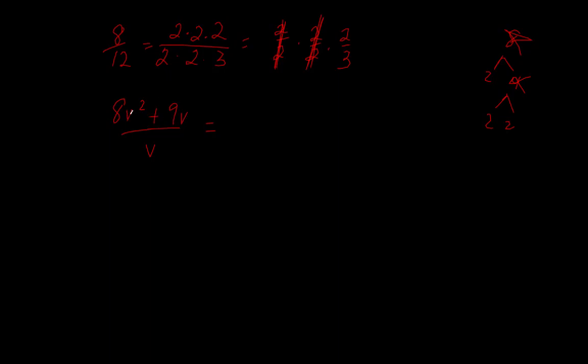But we do have one v. Remember, it's the smallest power that exists anywhere, so I have a v. And then 8v squared divided by v is 8v. 9v divided by v is 9. So I can rewrite this as v over v times 8v plus 9 over 1.